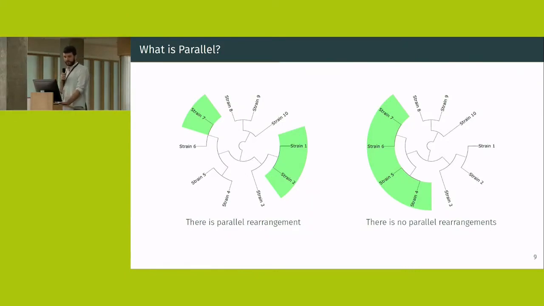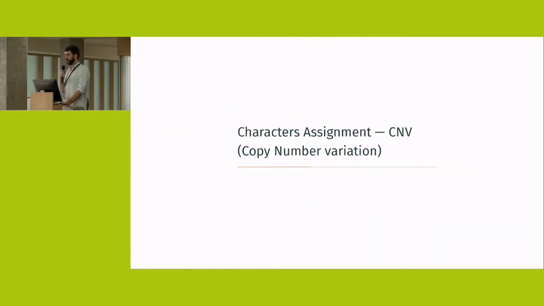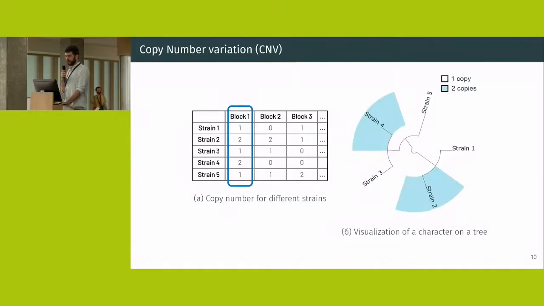Then we do the same for copy number variation. Some blocks can be present in some strains in different numbers of copies, or can be not present at all. For each synteny block, we just count how many times it appears in our strains, and we color the strains according to the number of copies it has.